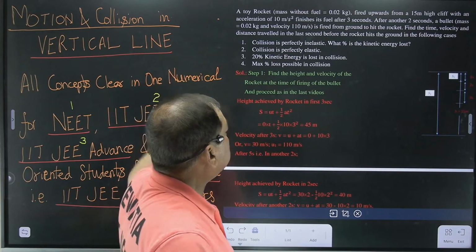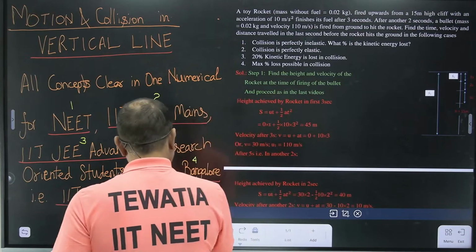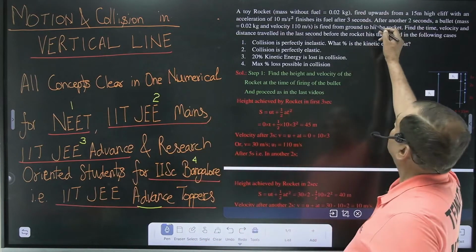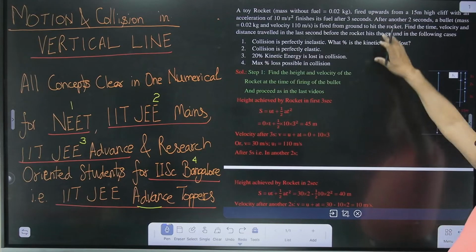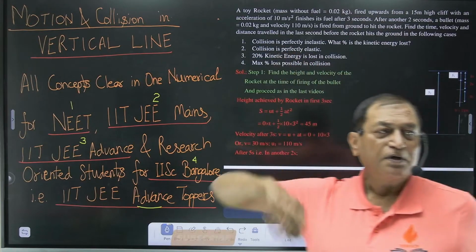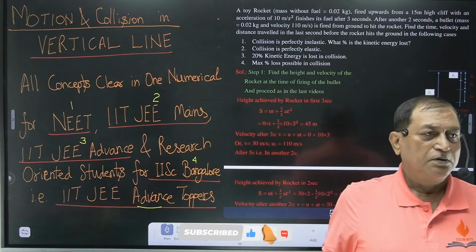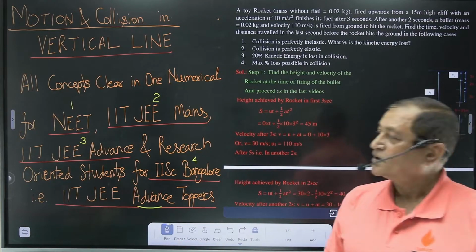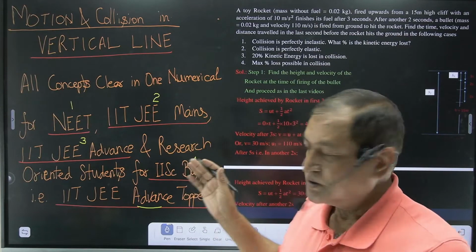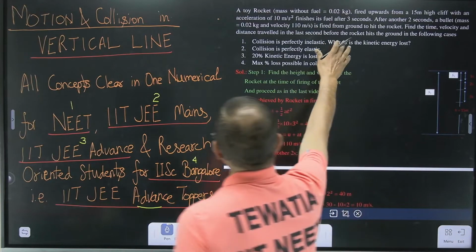If you read up to just this point, the question may be asked that after what time it will fall on the ground. This question came in NEET exam, only this much. For NEET exam it's the easiest.